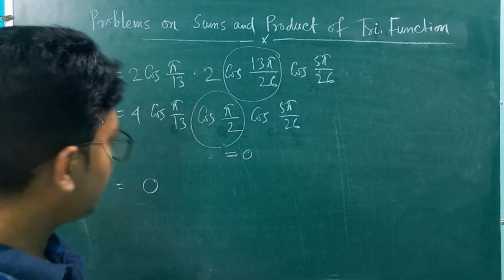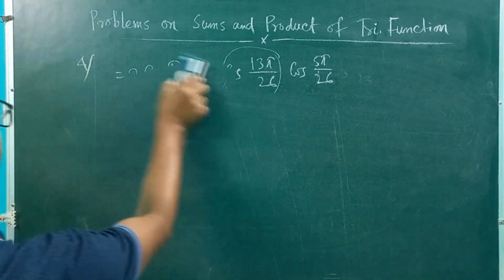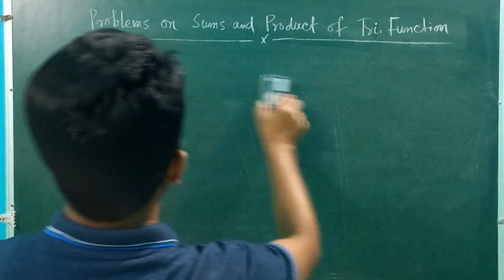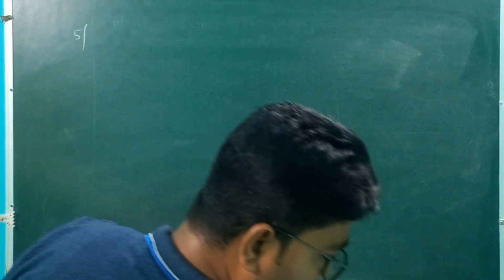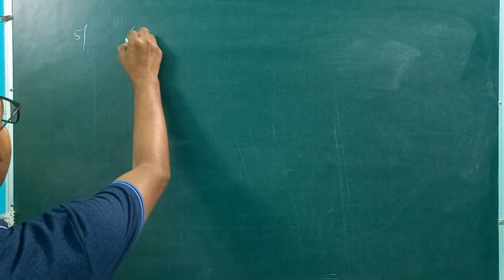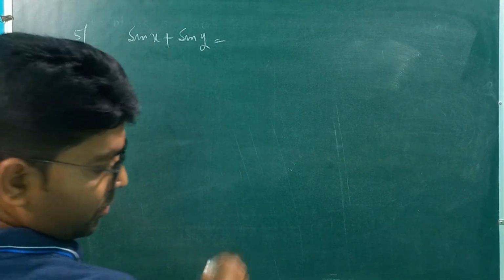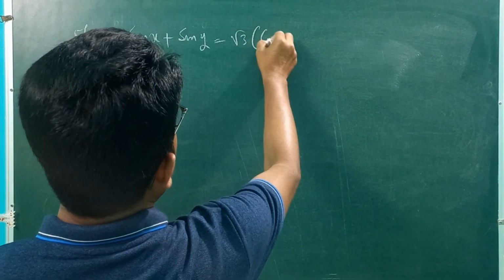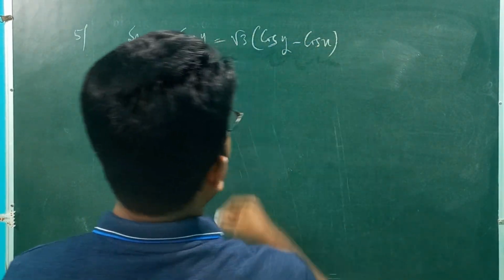Now see what is our next problem. This one number 4, number 5. Here the given condition, sin x plus sin y equal to root 3 into cos y minus cos x.